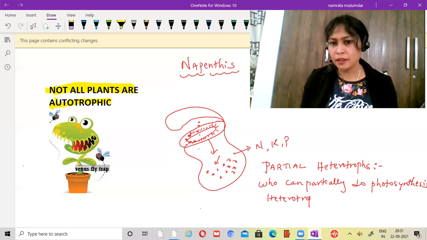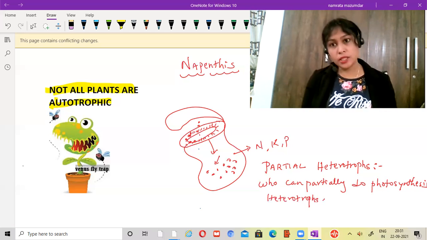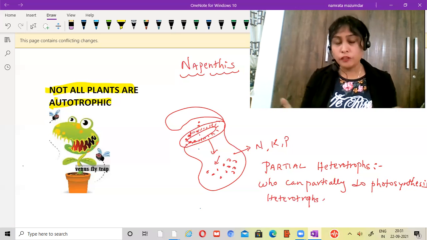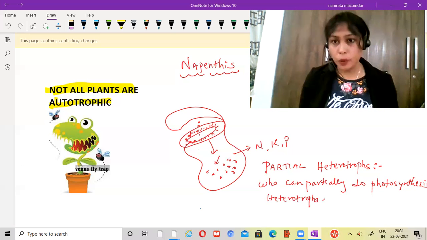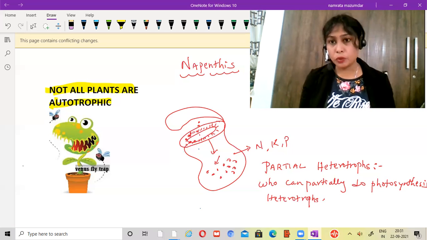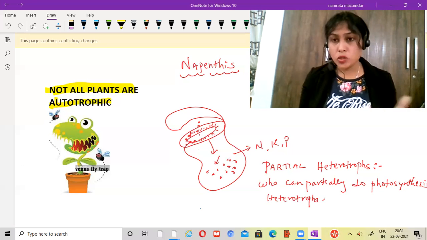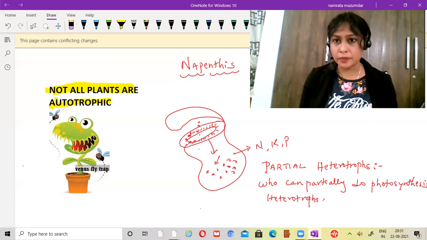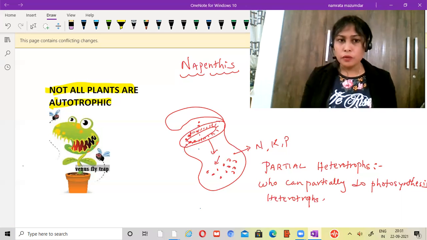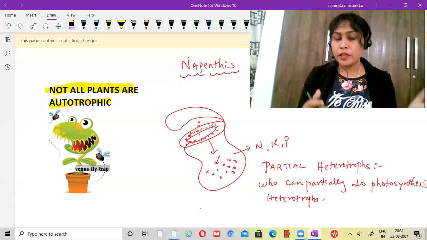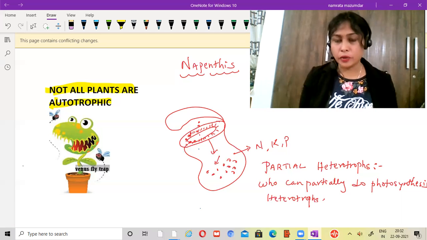We can say these are partial heterotrophs because they can do photosynthesis as well to fulfill their nutrient requirements like nitrogen, potassium, phosphorus. They are also able to depend on others. They can also ingest and digest insects. So they are also heterotrophs. It is better to say these are partial heterotrophs.